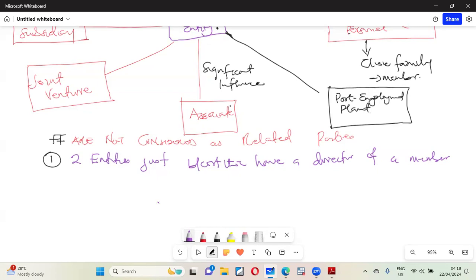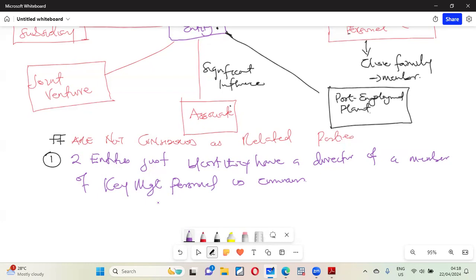As far as A and B are concerned, they don't transact within themselves. They don't do anything within themselves, but they just came together so that they can win a government contract. If that is the case, then just because they have a joint venture doesn't mean they are related parties. There is no connection between them.